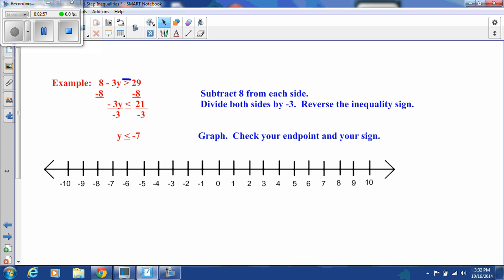Remember, however, when you divide by a negative number, you will reverse the inequality sign. So the greater than or equal to becomes less than or equal to. Right there, we have flipped our sign. Finally, we get our resulting answer. Y is less than or equal to negative 7.